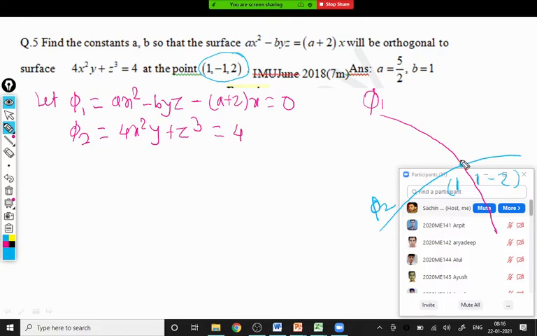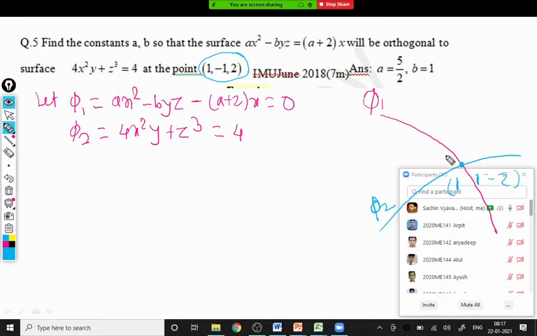We are given these two surfaces are orthogonal. Sir, I have a small doubt. If two surfaces are orthogonal, would their tangents also be orthogonal? That's correct, that is the property we are going to use. It is similar to curves. When two curves are orthogonal to each other, their tangents are orthogonal.